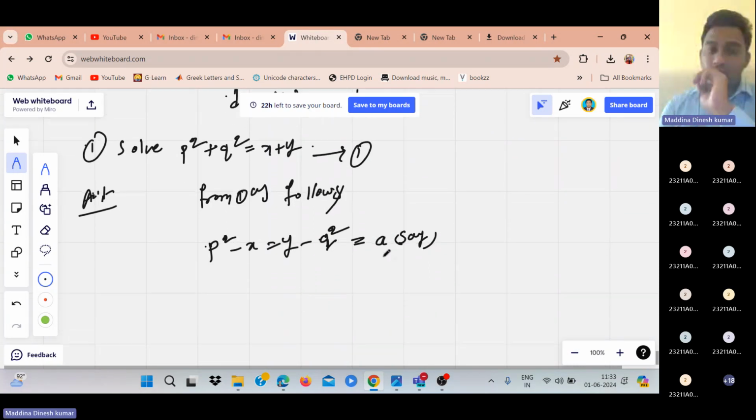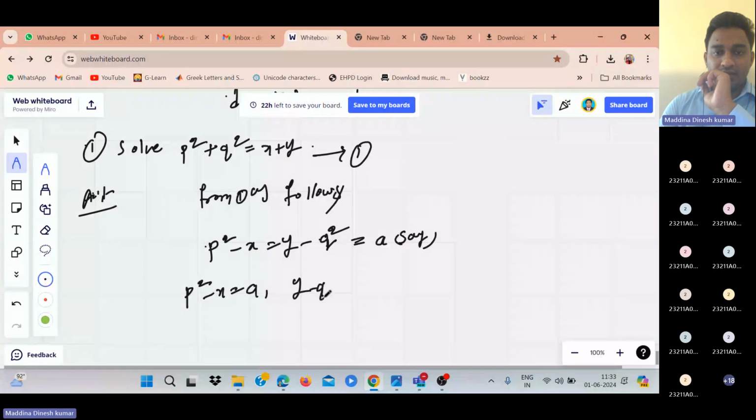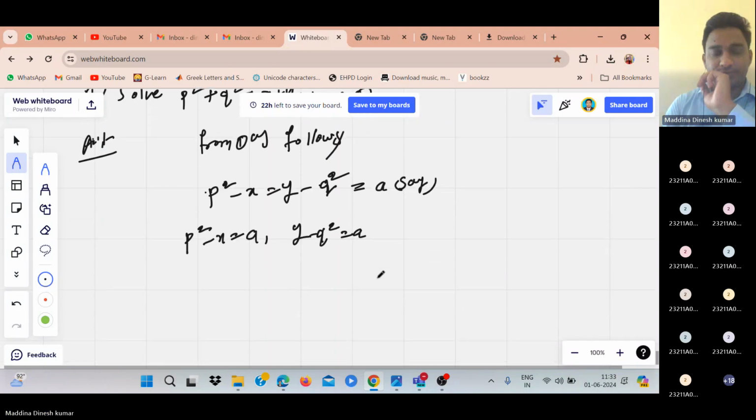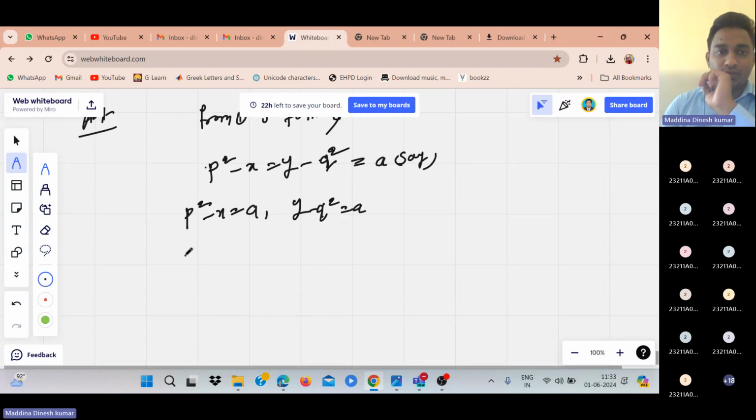Now by using these relations we need to find p and q. Okay. So p square minus x equal to a, comma y minus q square equal to a. Then p square equal to a plus x, p equal to square root of a plus x.